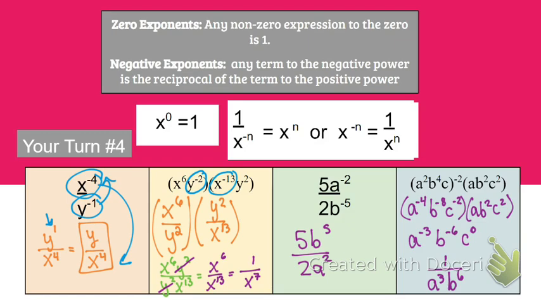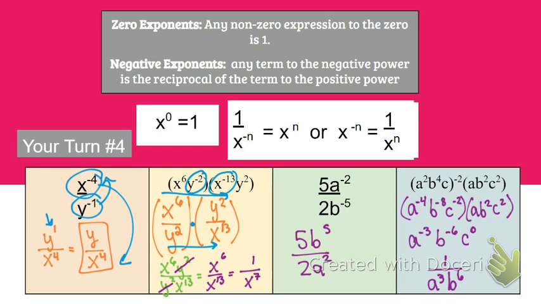And then I used what I knew about multiplying fractions. You multiplied the numerators together to get the new numerator, multiplied the denominators together to get the new denominator. And then I saw that I had a common factor. I had a y squared in the numerator and a y squared in the denominator. And I knew that when you had the same thing like that in both the numerator and the denominator, they divide out to 1.